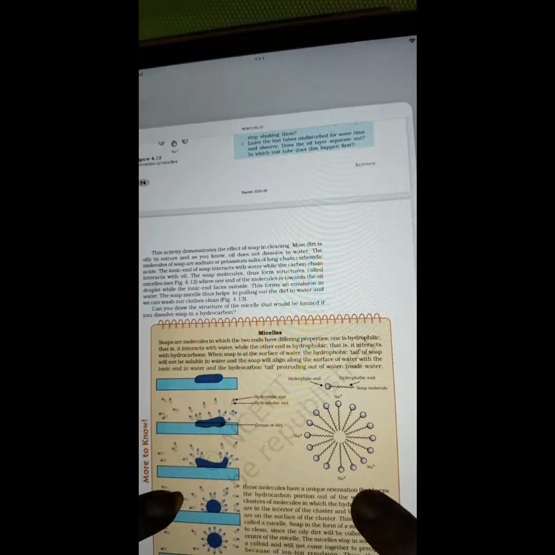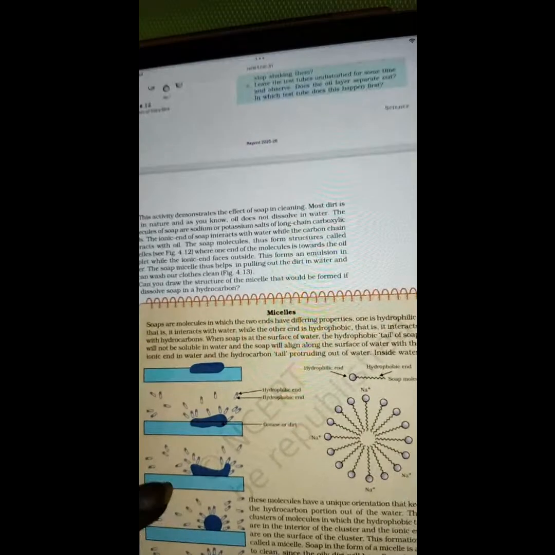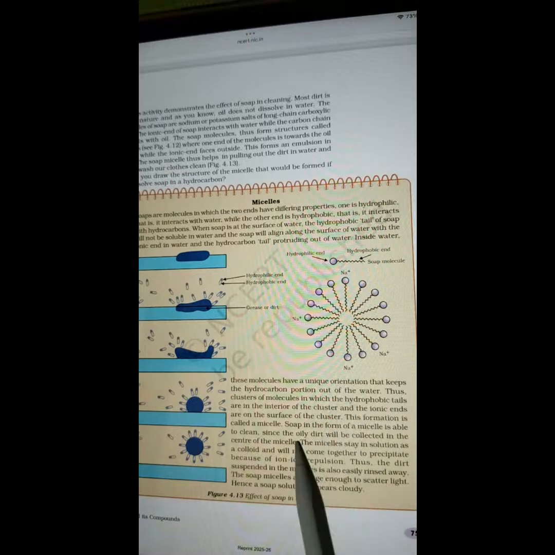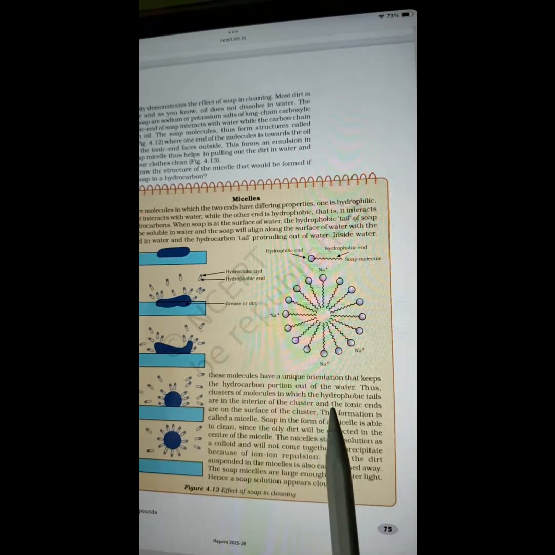When soap is at the surface of the water, the hydrophobic tail of soap will not be soluble in water, and the soap will align along the surface of the water with the ionic ends in water and the hydrocarbon tail protruding out of water. Inside water, these molecules have a unique orientation that keeps the hydrocarbon portion out of the water.